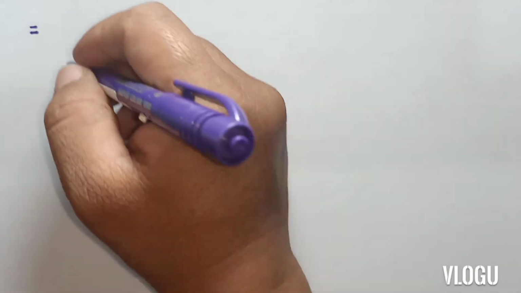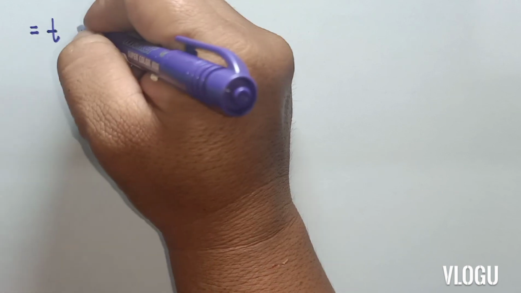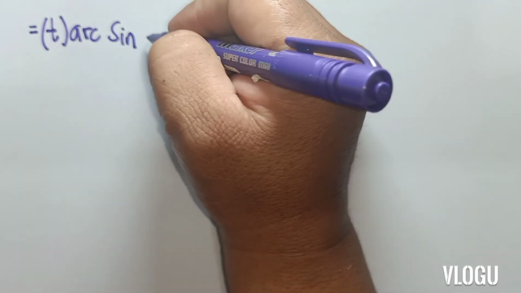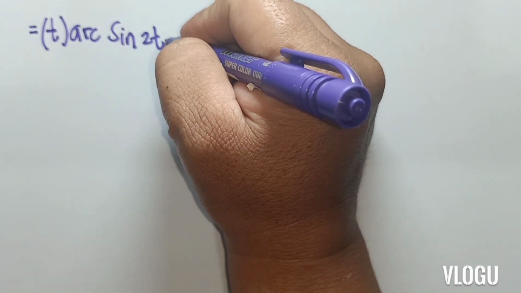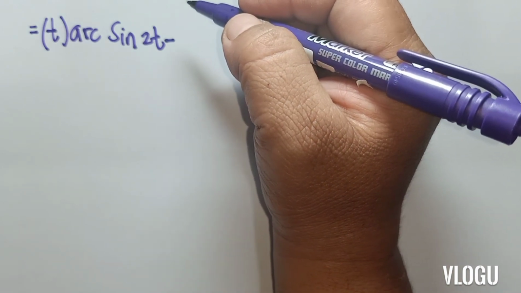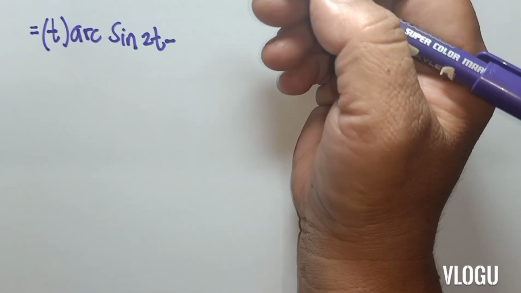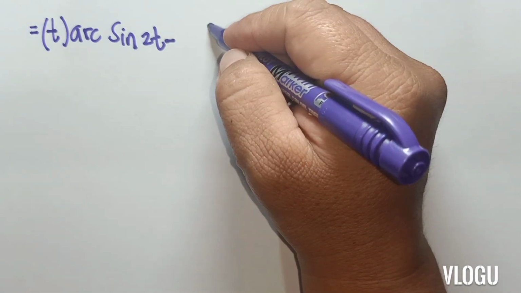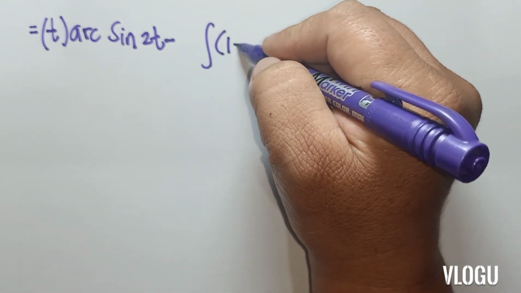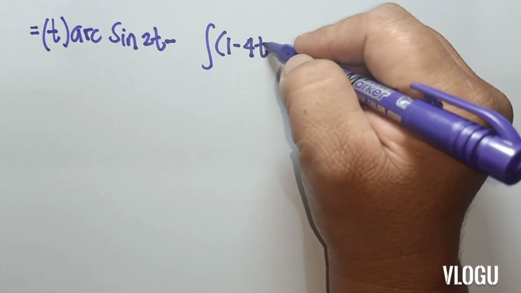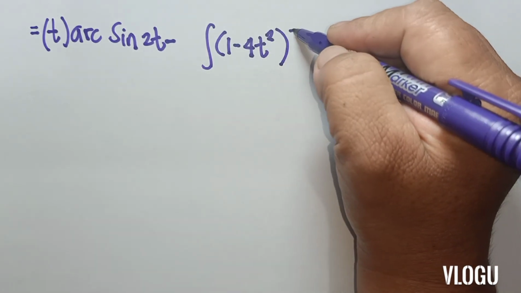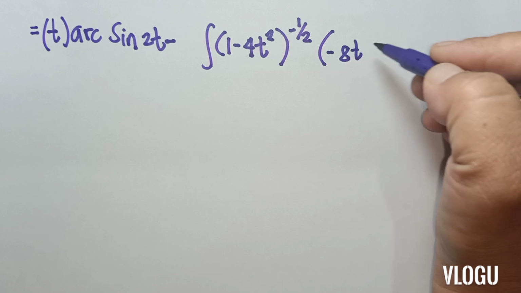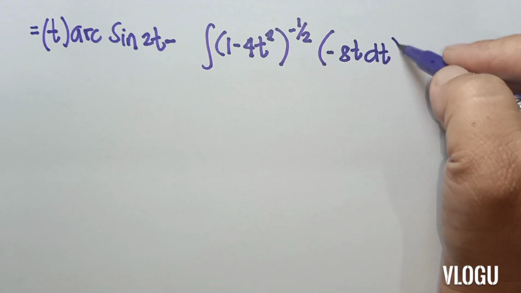So therefore, we have t arc sine 2t minus, since we have a form of du negative 8, the integral of (1 minus 4t squared) to the negative 1/2 du is negative 8t dt.